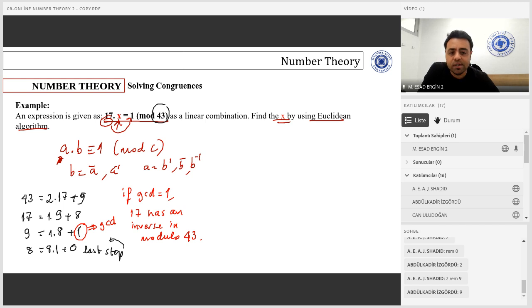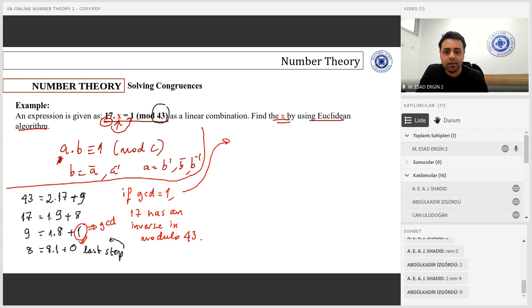How do we find the linear combination of these two integers? We are going to apply the same procedure here. But if the GCD is not 1 in the previous step, you do not need to do the following procedure. But if it is 1, we have to continue. Now I'm going to continue from here.